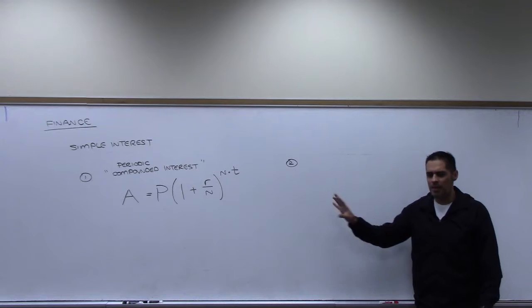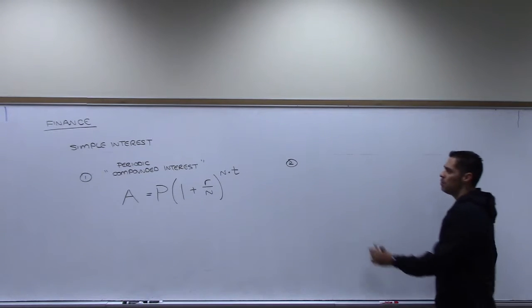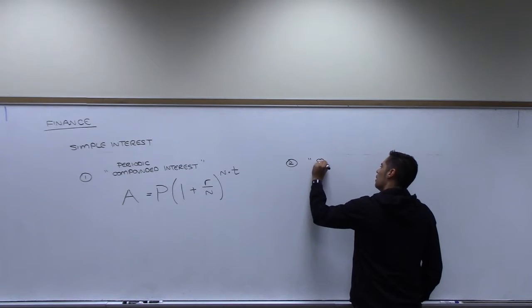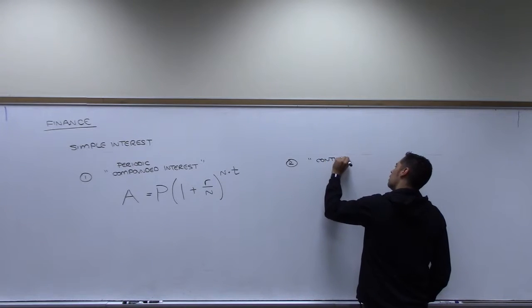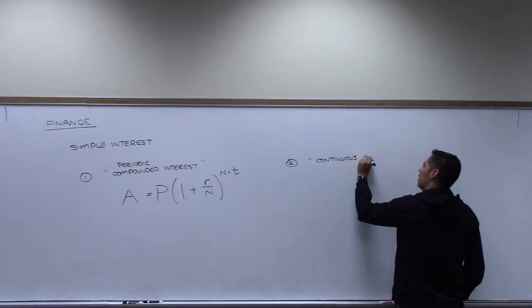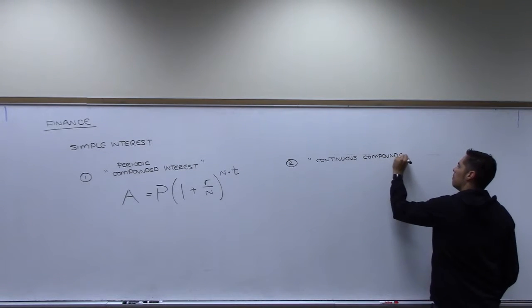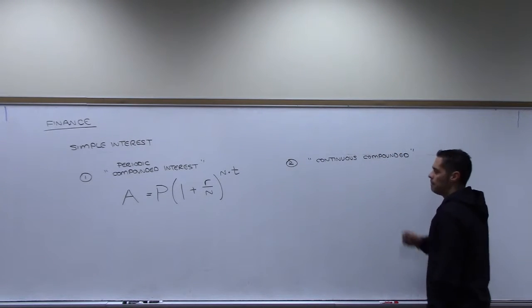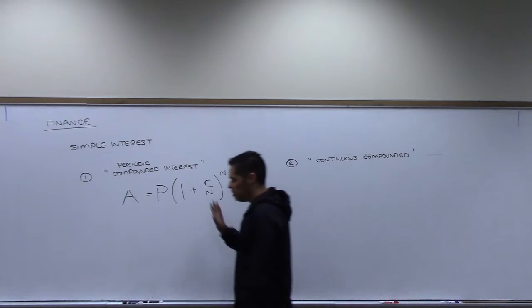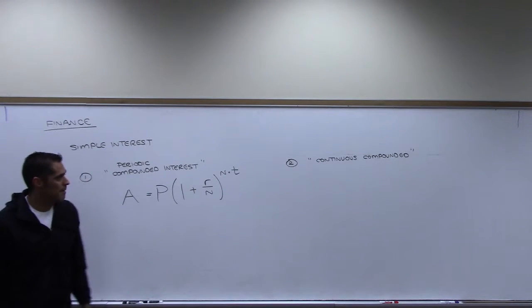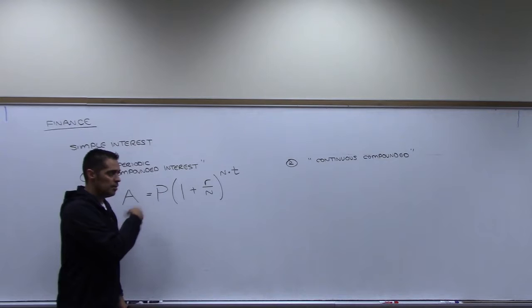I'll explain it, don't worry about the naming of it right now. This one over here is called continuous compounding. Again, don't get caught up on the wording of things, all right? So there's one formula, here's the other formula.